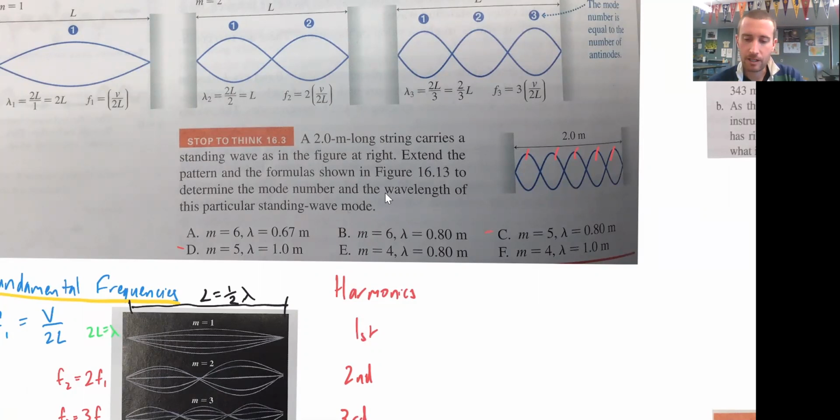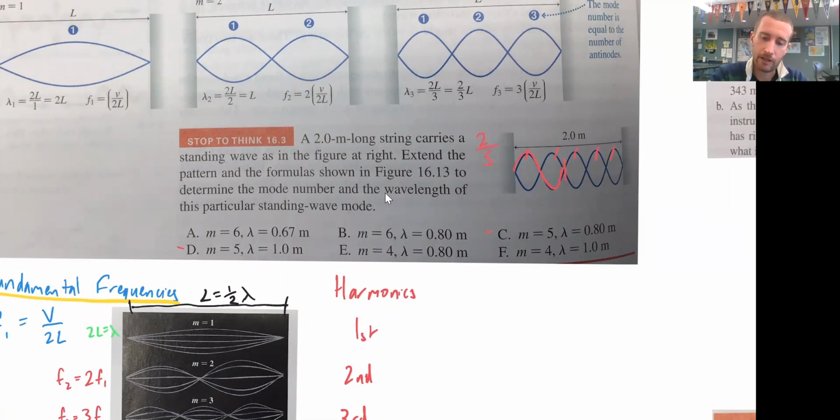And now the question is, what is the wavelength? So I know that it's 2 meters total, and every 2 bumps is a wavelength. So that is 1 wavelength. So that's 2/5 of the total, right? 2 out of 5 bumps equals 2 meters.